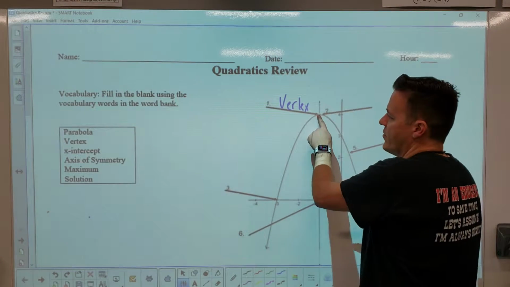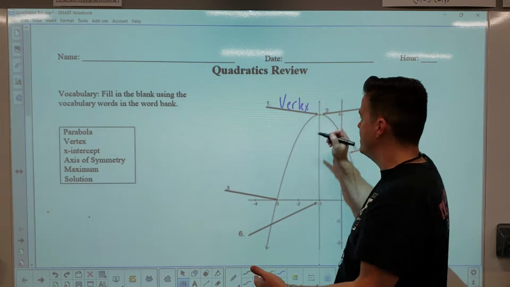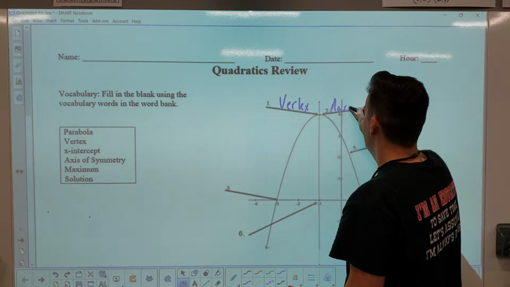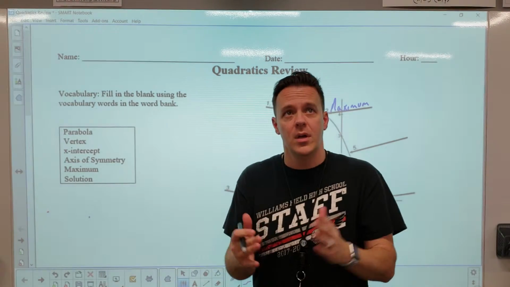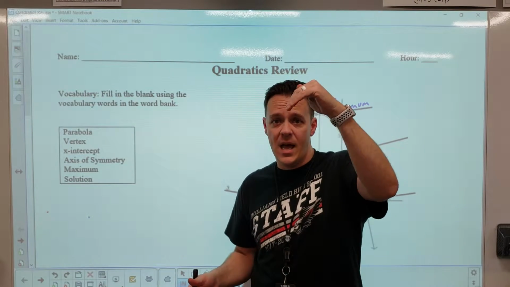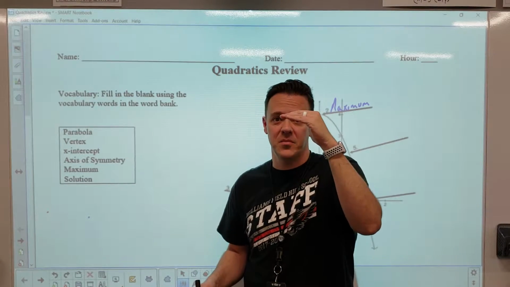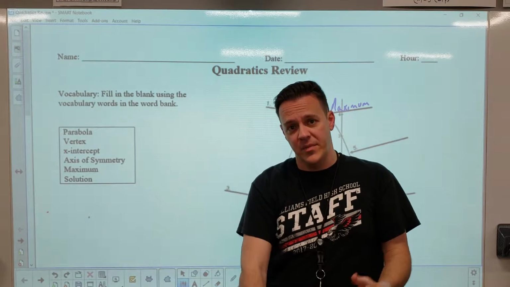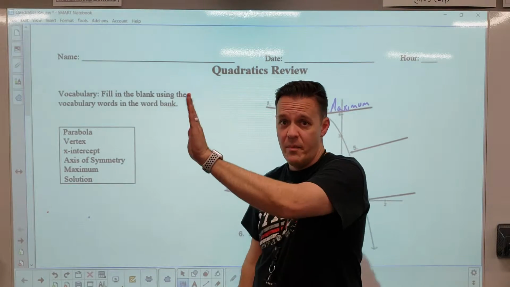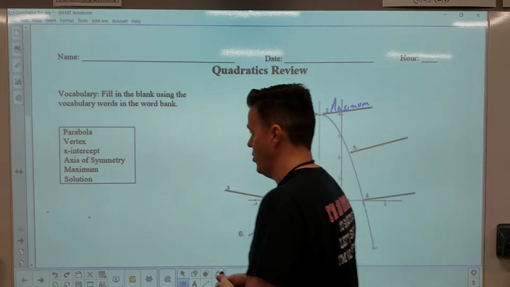Okay, this is the very first top point. It's also known as a maximum. Think of it as climbing to the top of a hill. When you get to the top, you're climbing up to the maximum, right? And then if you were to hike the Grand Canyon, you hike all the way down to the bottom. That's the minimum before you would come back up. So that's the real world scenario.